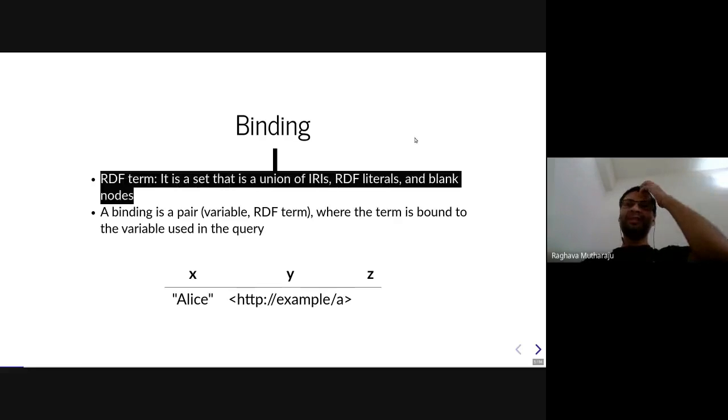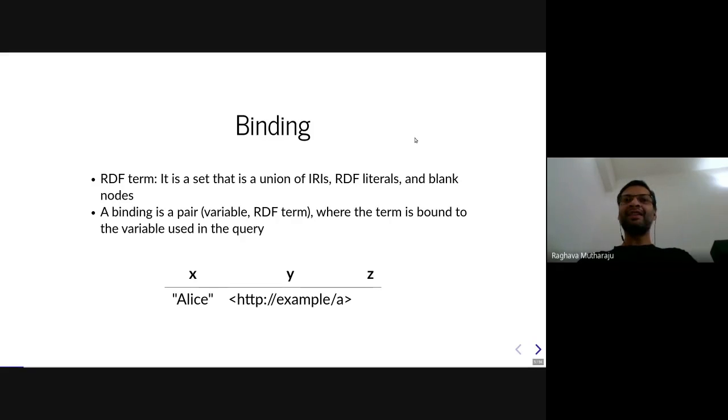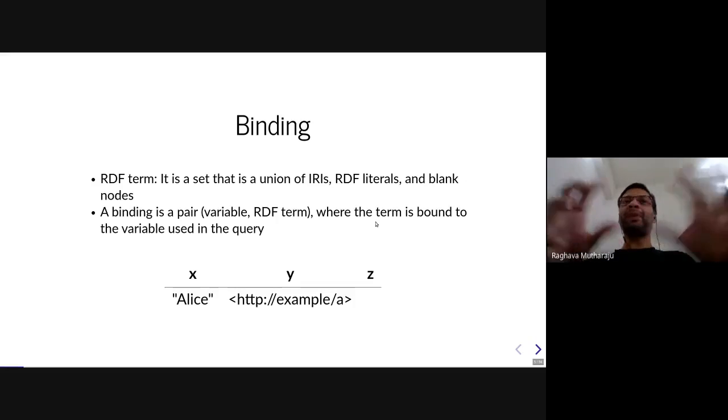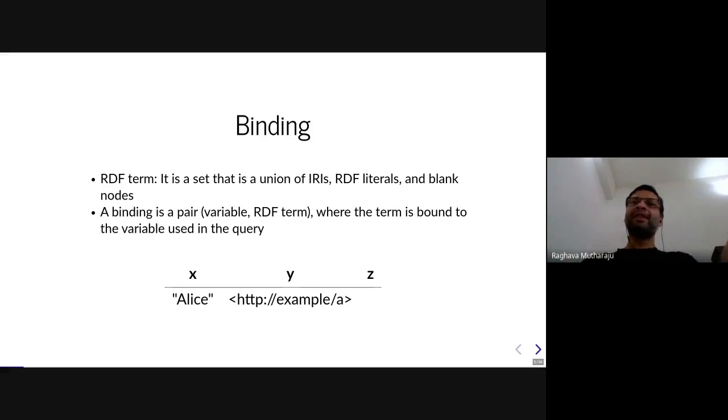There are a few important terms which I'll introduce. The first one is binding. As part of the pattern that you specify in the query language, you will be using some variables like X, Y, and Z, for example. Whenever the pattern is matched with some part of the graph, let's say a subgraph, we call that a binding. Each variable is now bound to something in the graph. That could be a constant like Alice, for example, or a URI or an IRI.